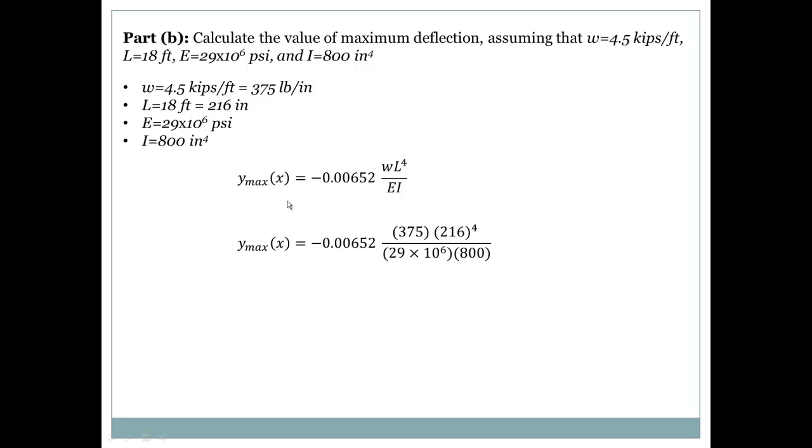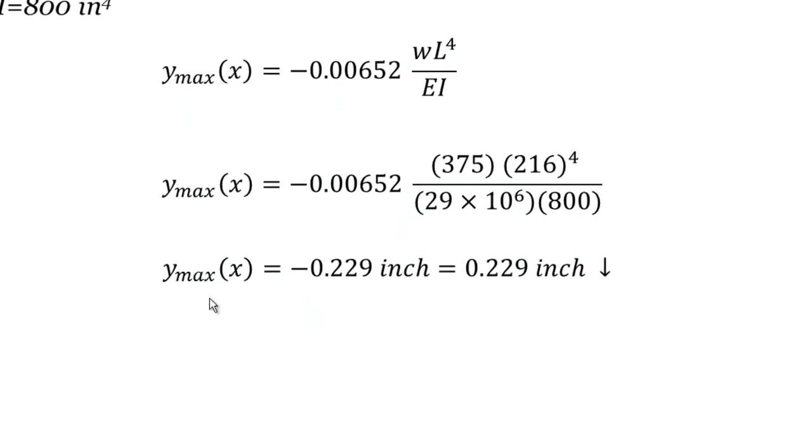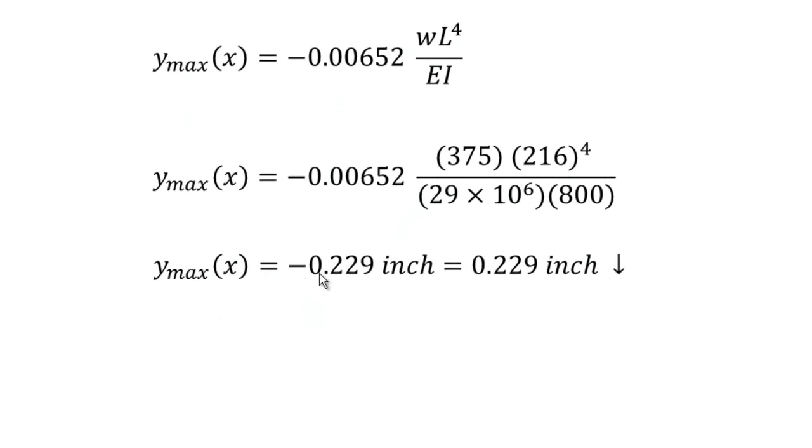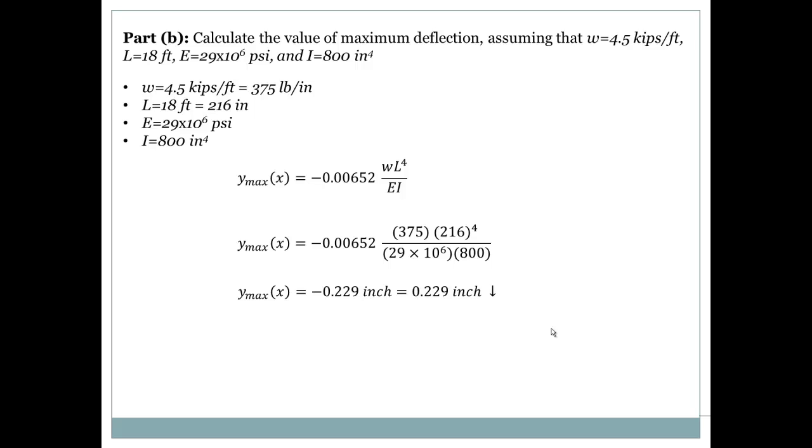This way I'll make sure that my units are correct. And if I do this, I'm going to get a Y max of negative 0.229 inches, or 0.229 inches downwards.